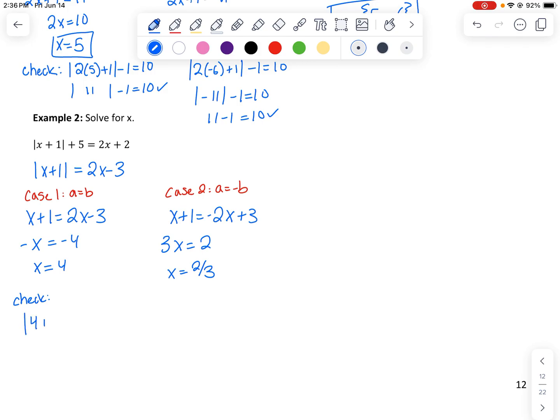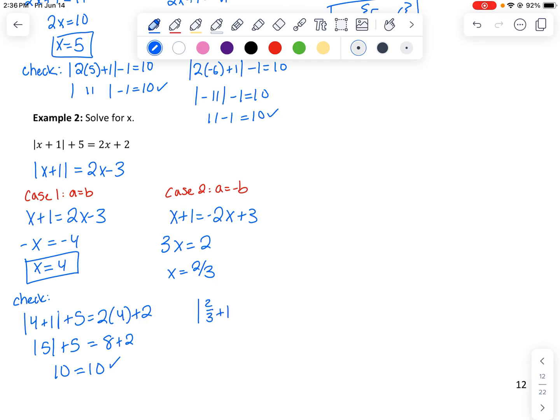So I have the absolute value of 4 plus 1 plus 5 equals 2 times 4 plus 2. That is the absolute value of 5 plus 5, so 10, equals 8 plus 2, or 10. Excellent. This side works. And then in case 2, I have the absolute value of 2/3 plus 1 plus 5 equals 2 times 2/3 plus 2.